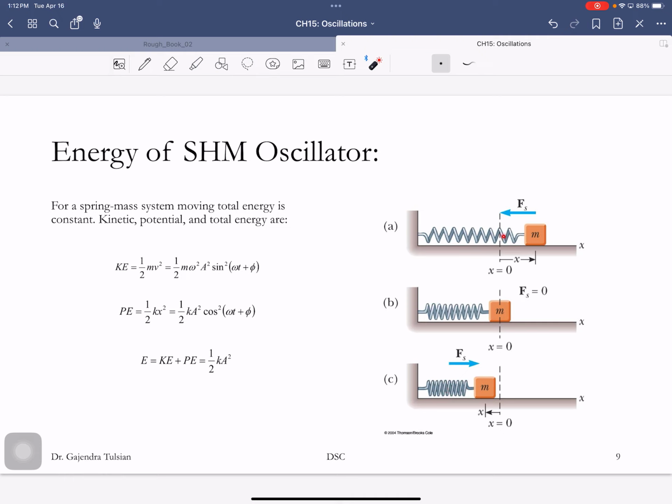And what you find is that if you take the sum of kinetic and potential energy at every point, the sum is constant. Okay, so the total mechanical energy is constant for this motion.